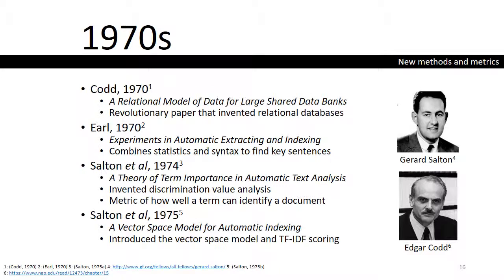Another important person is Salton, with his 1975 paper. He introduced two different models. One was the vector space model, and that changes sentences and words into vectors, which allows us to treat those in quantitative ways.